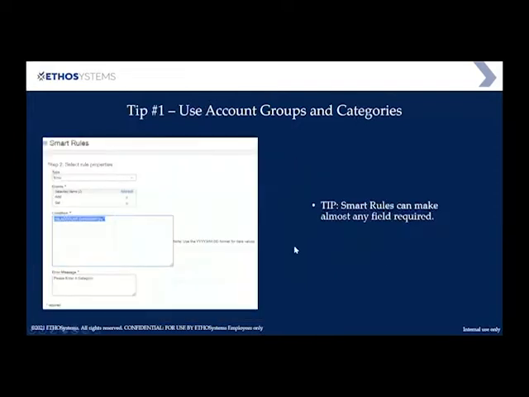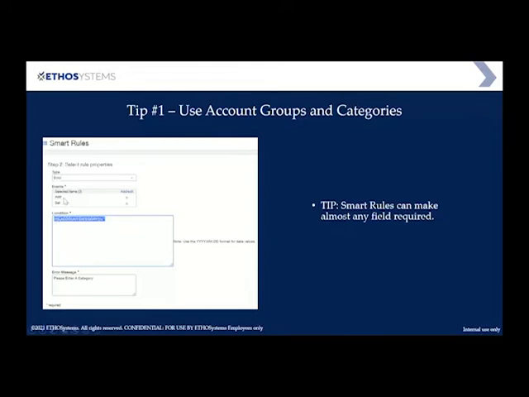The other option that you can do is use something called Smart Rules. For those who are not familiar, Smart Rules allow you to change some of the logic that occurs within Intacct and allows you to create alerts or things that happen to make sure your data is entered in right, or things happen after something has been entered into the system. One of the greatest Smart Rules you can use is you can make fields required in Sage Intacct. So for example, I went into the system here and I chose a type of error. Now I could also have done a warning, but I chose error so they would not save the record at that point.